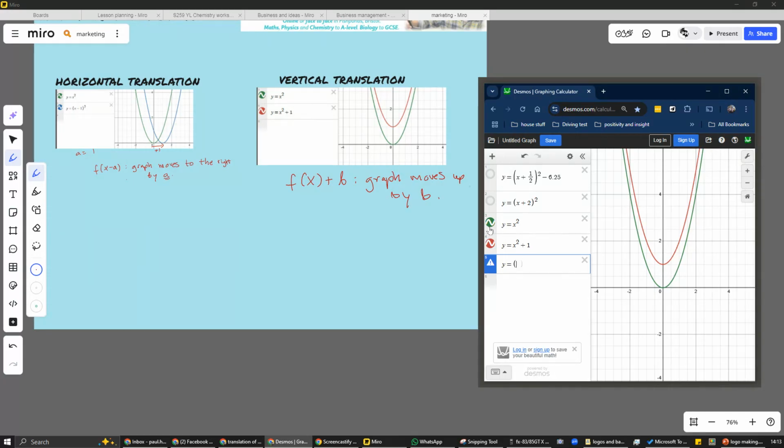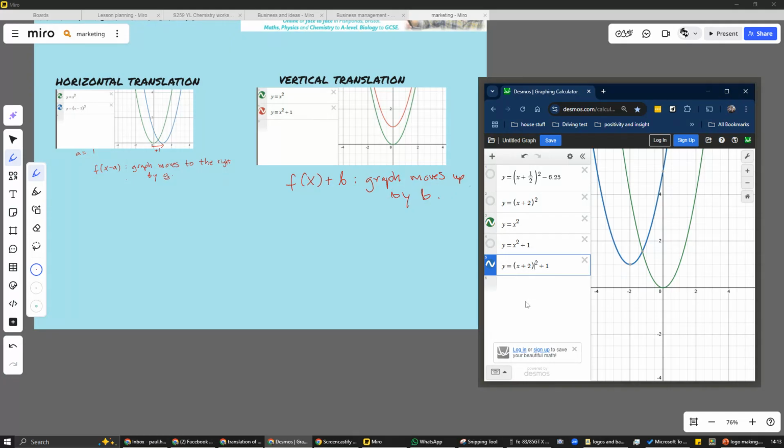Finally we can combine the two. I'm going to turn the other ones off. y is equal to x plus 2 all squared, so it's gone 2 spaces to the left, and then we're going to plus 1, and it's gone 1 space up.